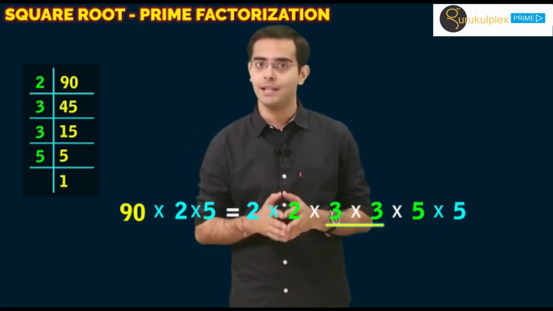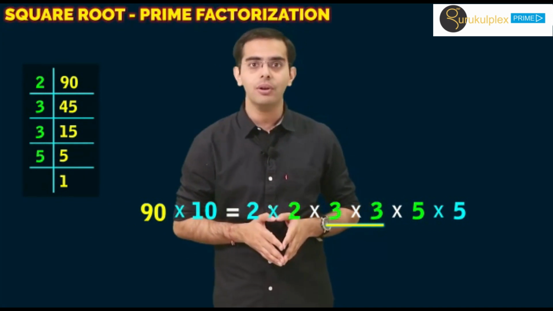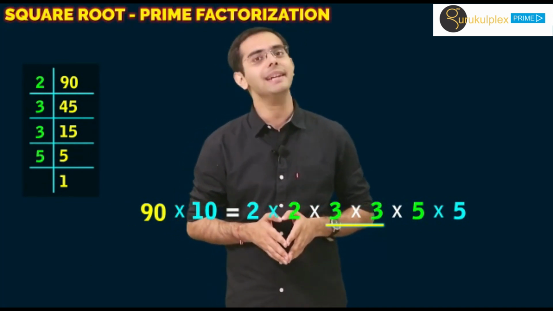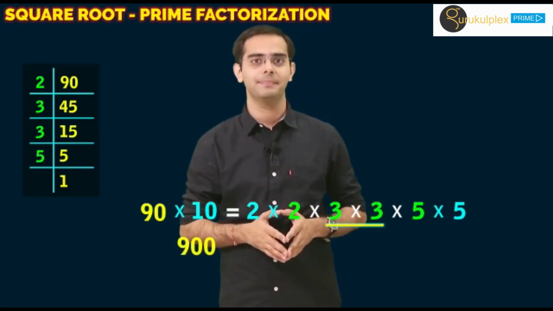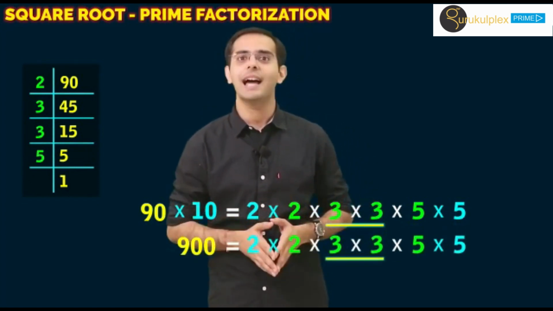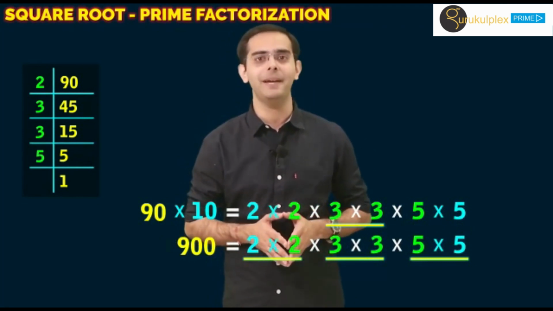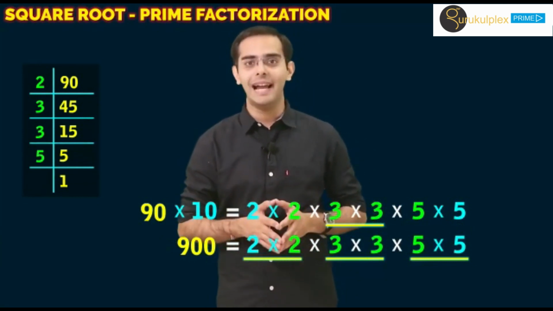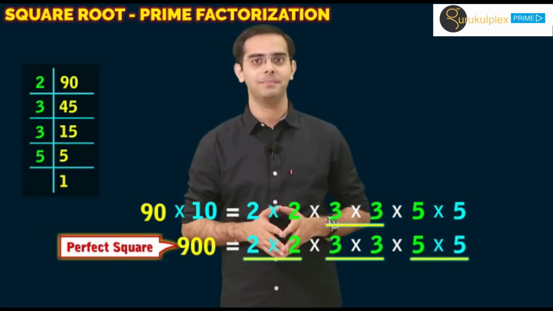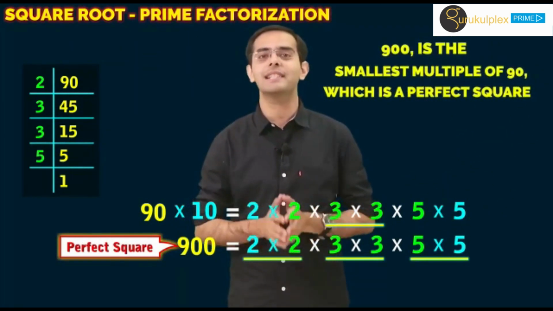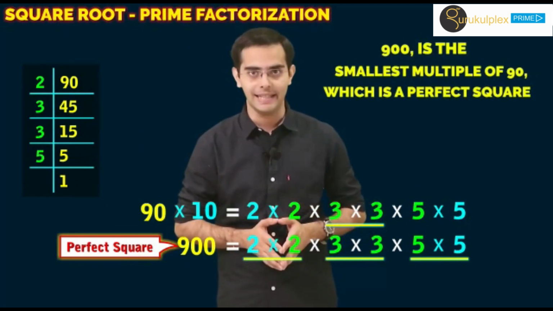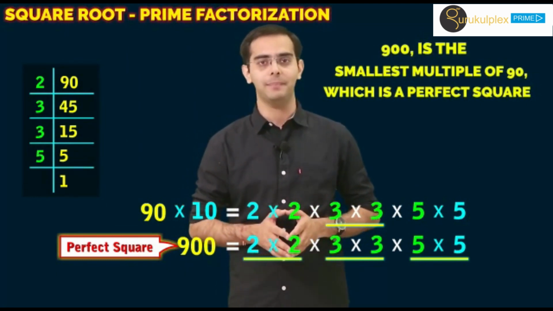So 2 into 5 is equal to 10, and therefore we'll have to multiply 90 by 10. This gives us 900. And now this 900 has all the prime factors in pairs, and therefore 900 is a perfect square. So we can say that 900 is the smallest multiple of 90 which is a perfect square.